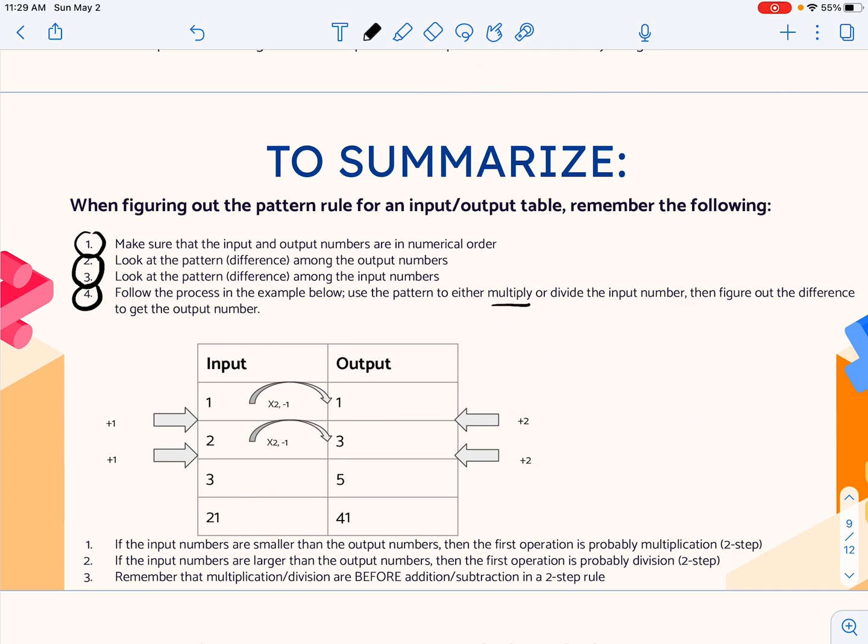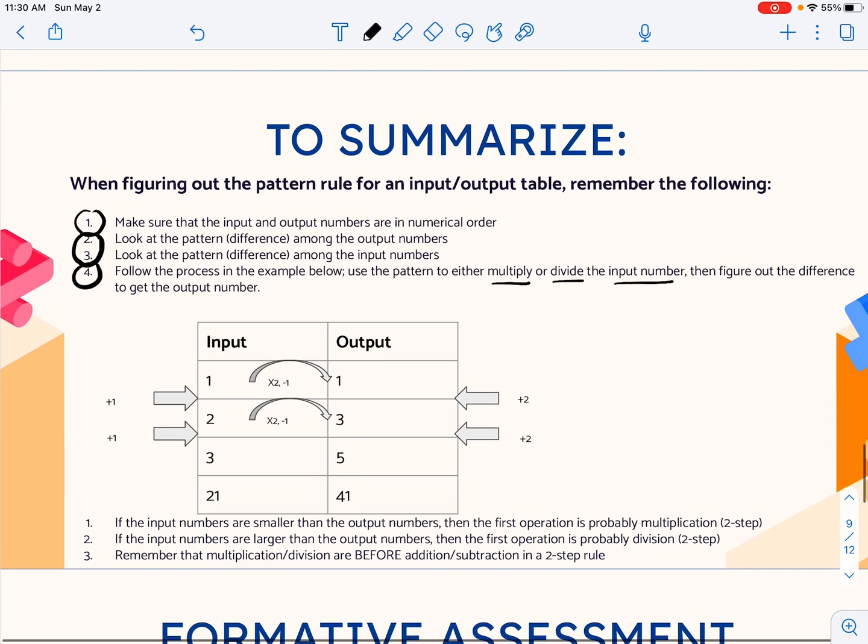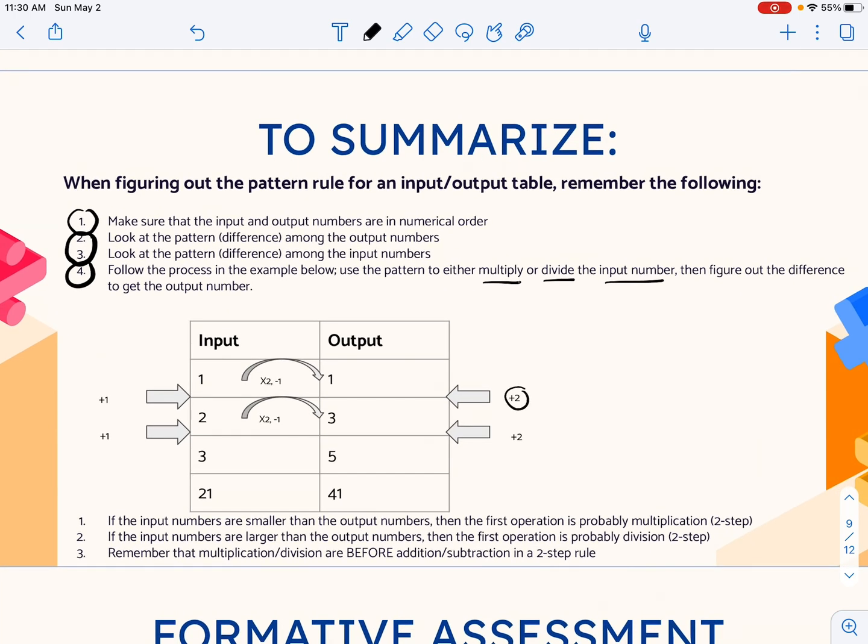Use the pattern to either multiply or divide the input number, then figure out the difference to get the output number. Sometimes you're adding and sometimes you're subtracting for that second step. So if you look at this example here, we can determine that the difference between the output numbers is 2. You're starting at 1 and you're adding 2 each time. I think this was example 2 in the slides.